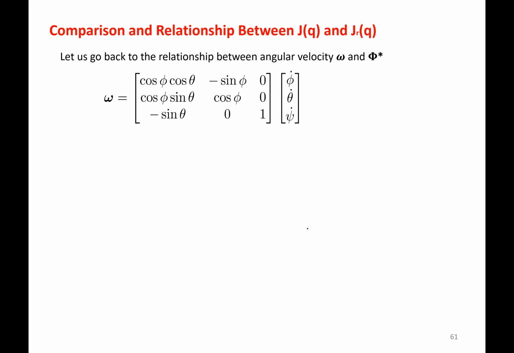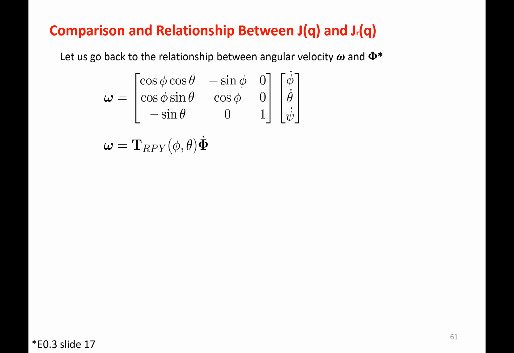So let's keep on comparing the geometric Jacobian and the analytical Jacobian. Remember that we had this expression that relates the angular velocity to the rate of change of the Euler angles, which is basically this matrix. This was explained in lecture 0.3 and slide 17. We can represent this by a transformation matrix that only depends on the angles of, I think, roll and pitch.